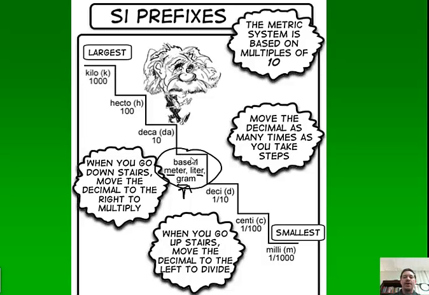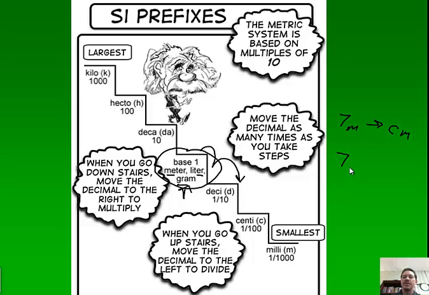So we had before, say we had our base because we had 7 meters, and we wanted to convert to centimeters. So we went from 7 meters, and centimeters is down here. So what we ended up doing is taking 2 steps down. So we multiplied.